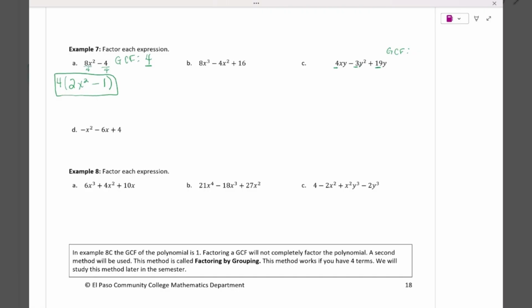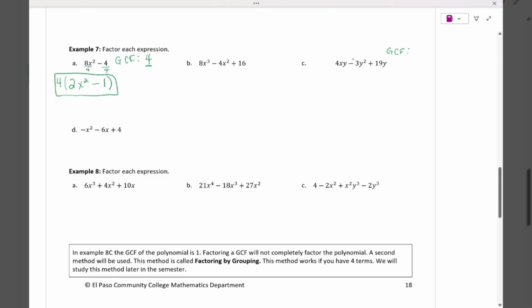Well, I know 3 is prime, so it just has 1 and 3 as factors. So 3 does not go into 4 evenly, or 19, so that's not going to work. 19 is also prime. It only has 1 and 19 as factors. So I can only divide that evenly by 19, but none of the other ones do. So there's no number part or coefficient that they all have in common.